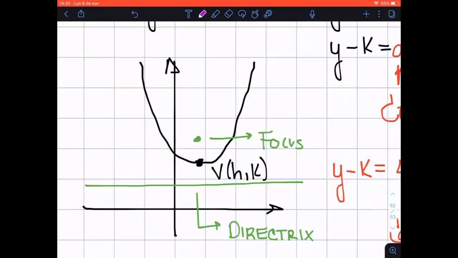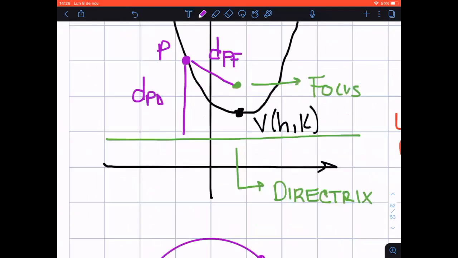If I grab any point on it, let's say this is point P, and I measure the distance from that point P to the focus, and then I measure the distance from that point to the directrix, these two distances will be the same: the distance from the point to the focus will be the same as the distance from the point to the directrix, okay?